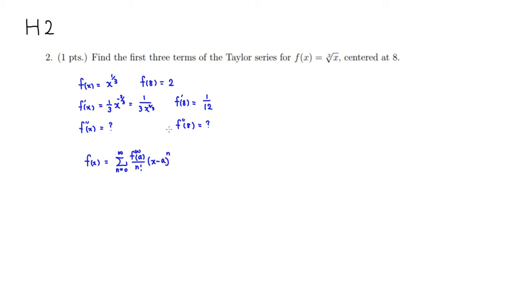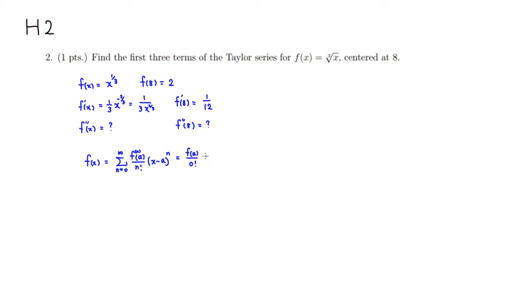If you write out the first few terms, the 0th derivative is the original function, f of a, divided by 0 factorial. 0 factorial is defined to be 1, by the way.